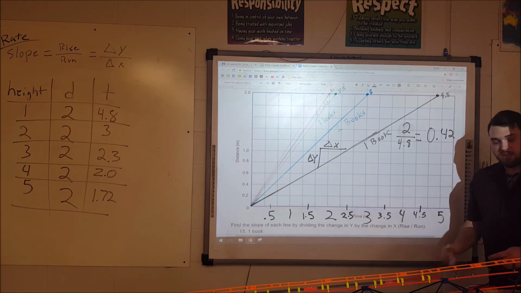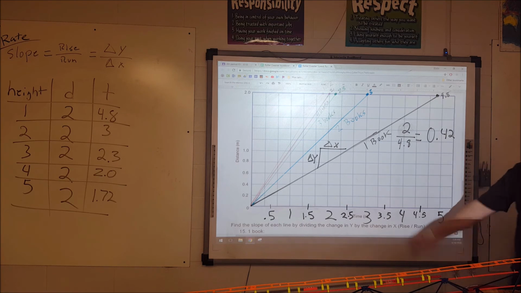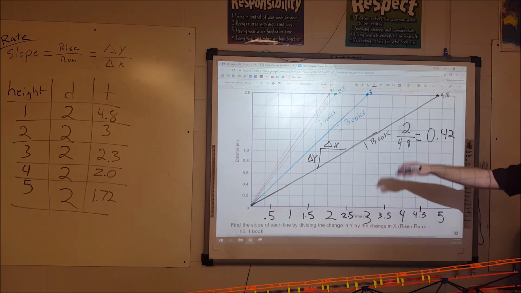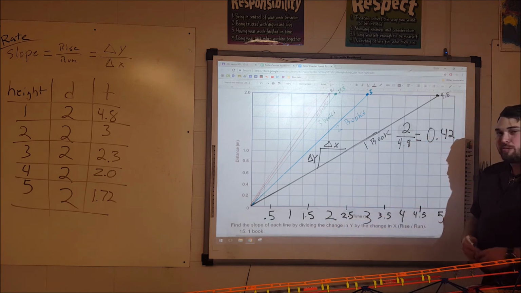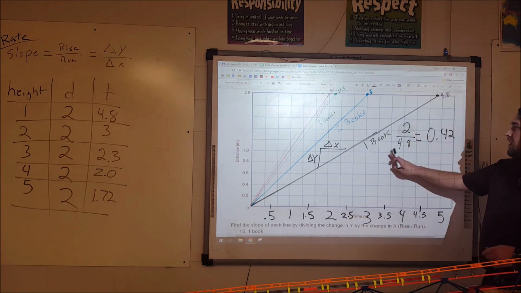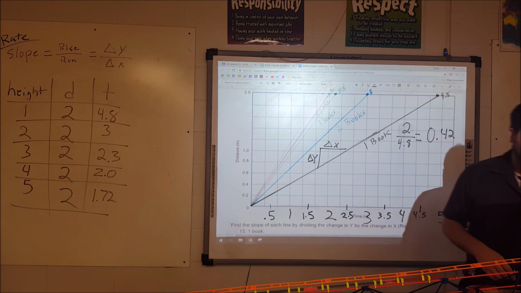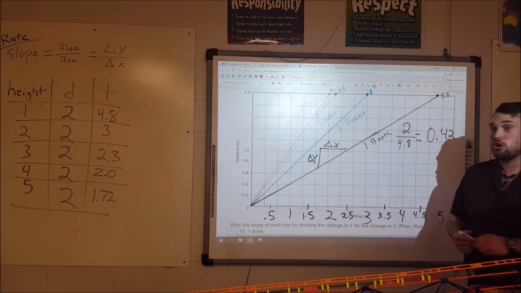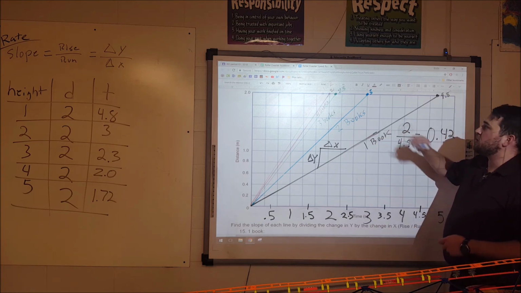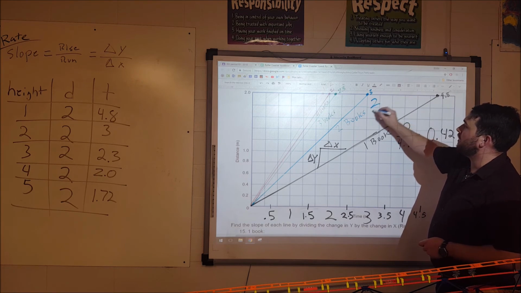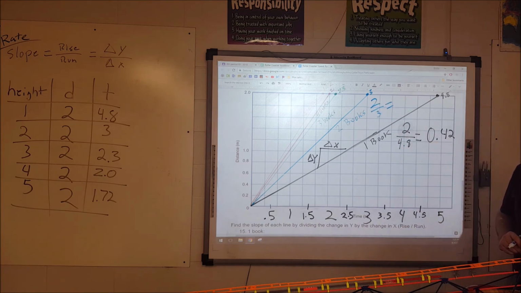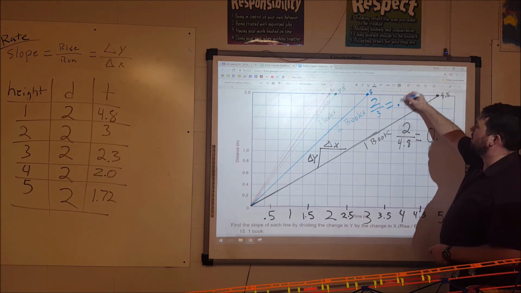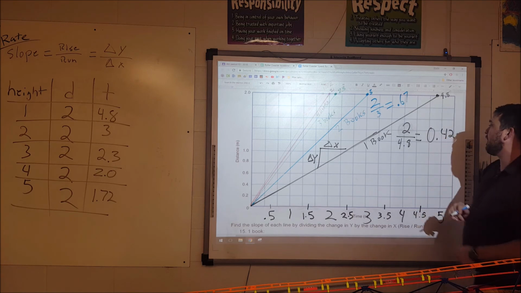For questions 15 through 18, I don't remember what it is, find the slope of each line. 1 book, 2 book, 3 book, and so on. You'll see that the slope is going to get larger. So for the second one, it's going to be 2 divided by 3, which is 0.66 repeating.